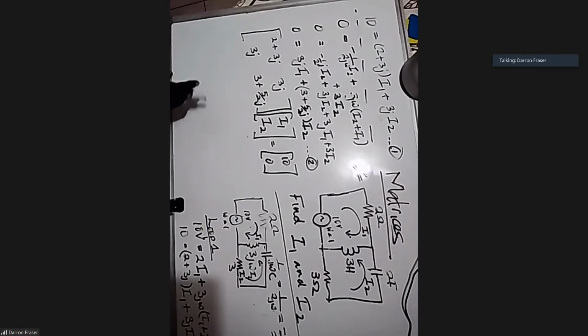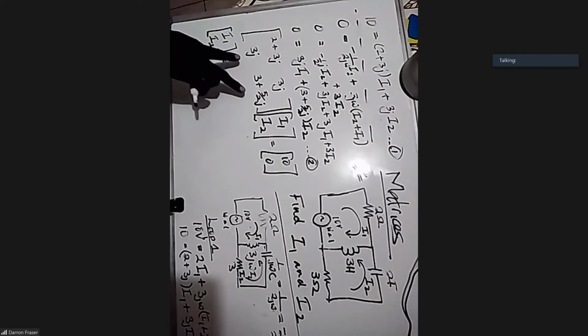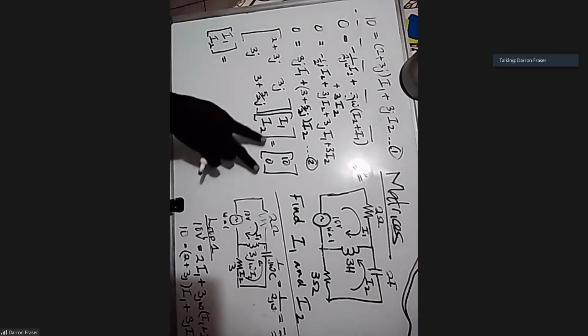All right. So now, how do we find I1 and I2? I1 and I2 is the inverse of this matrix here, multiplied by the column vector 10, 0.